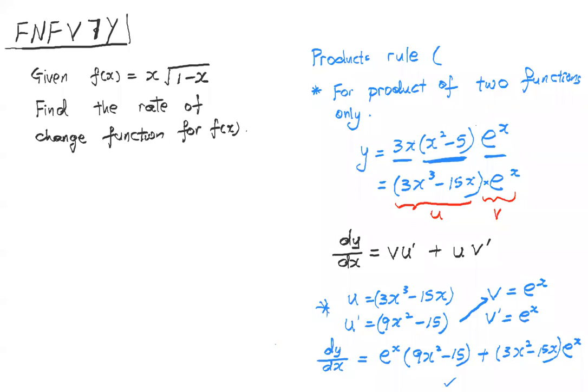And the way I remember this formula is like that. I call this front, I call this back. Differentiate the front times by the back, plus differentiate the back times by the front. That is how I memorize the formula. I don't memorize by u and v.